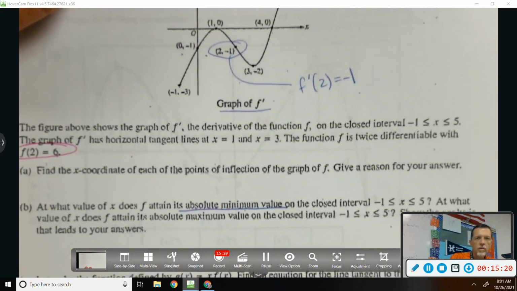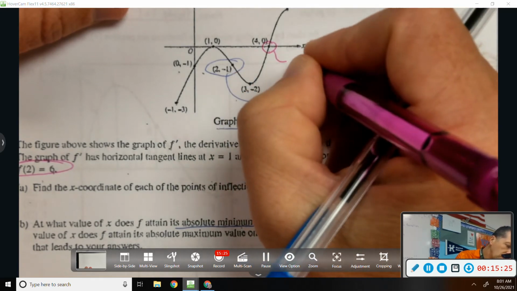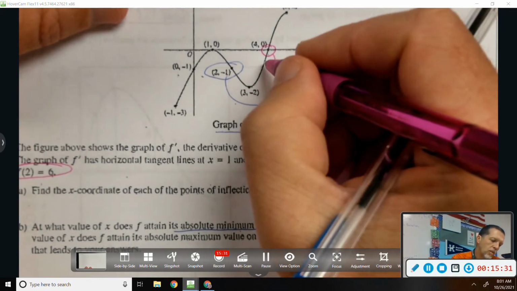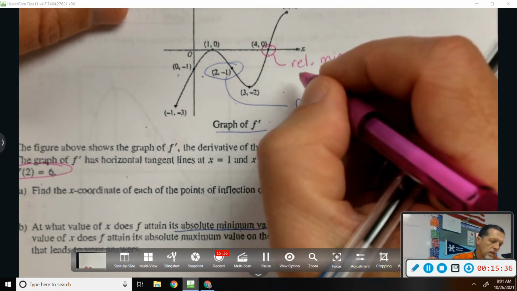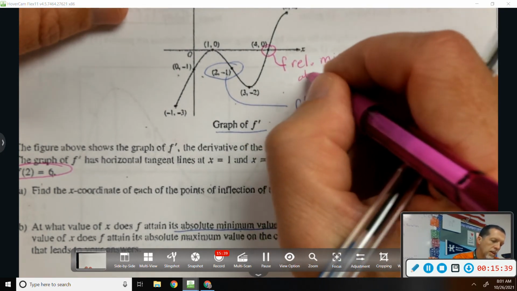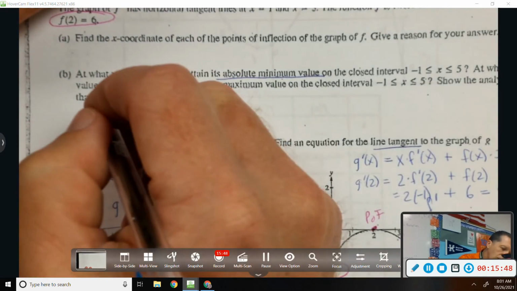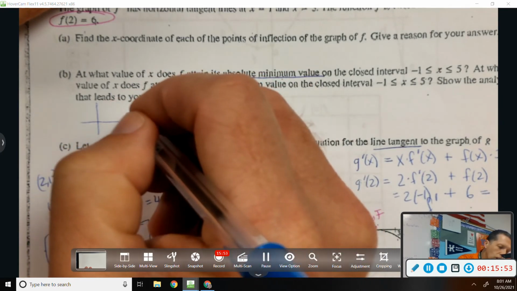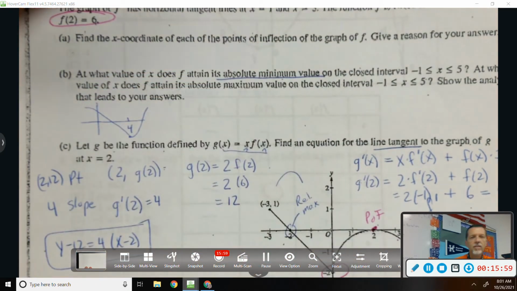Okay. Well, between -1 and 5, there's only one point that's a relative extrema, and it's at 4. If f prime changes from negative to positive, then that's a relative minimum. Well, I should say f has a relative minimum at x equals 4. Who knows what this graph looks like, but the only minimum it has is at 4. So whatever else is going on, that's the only relative minimum it has.